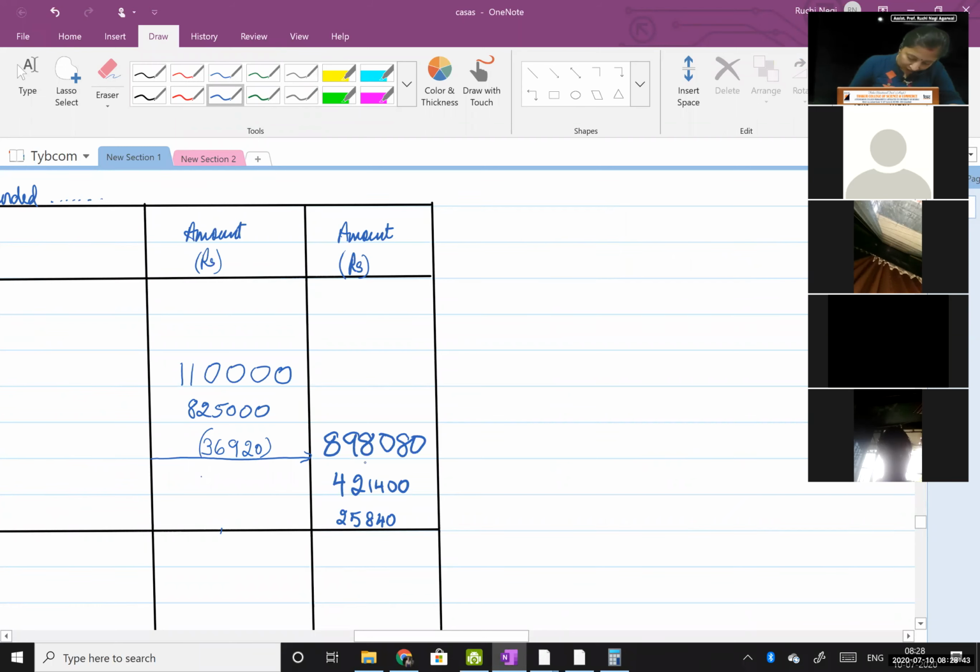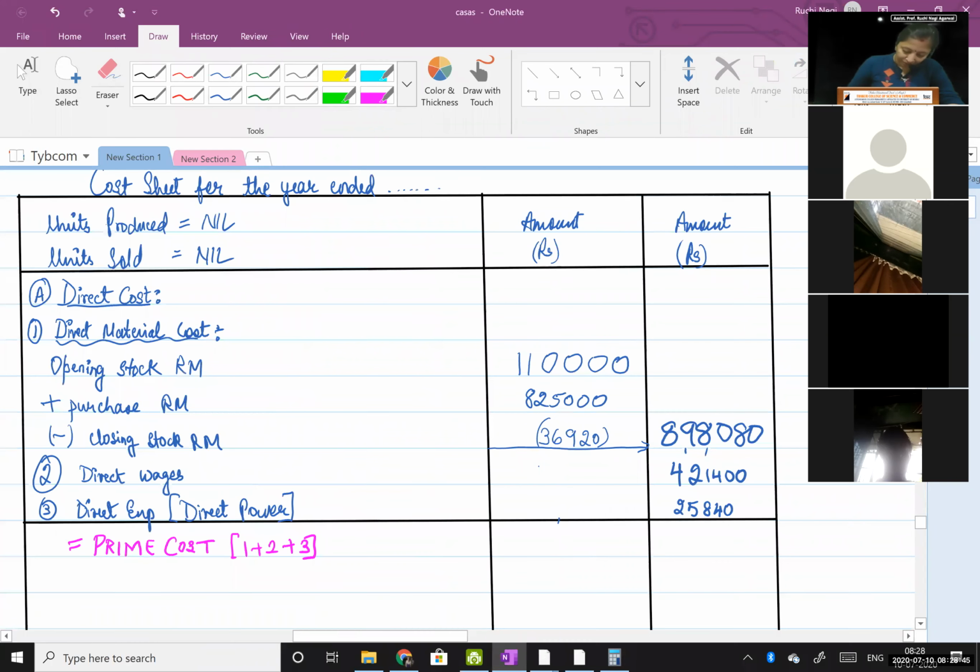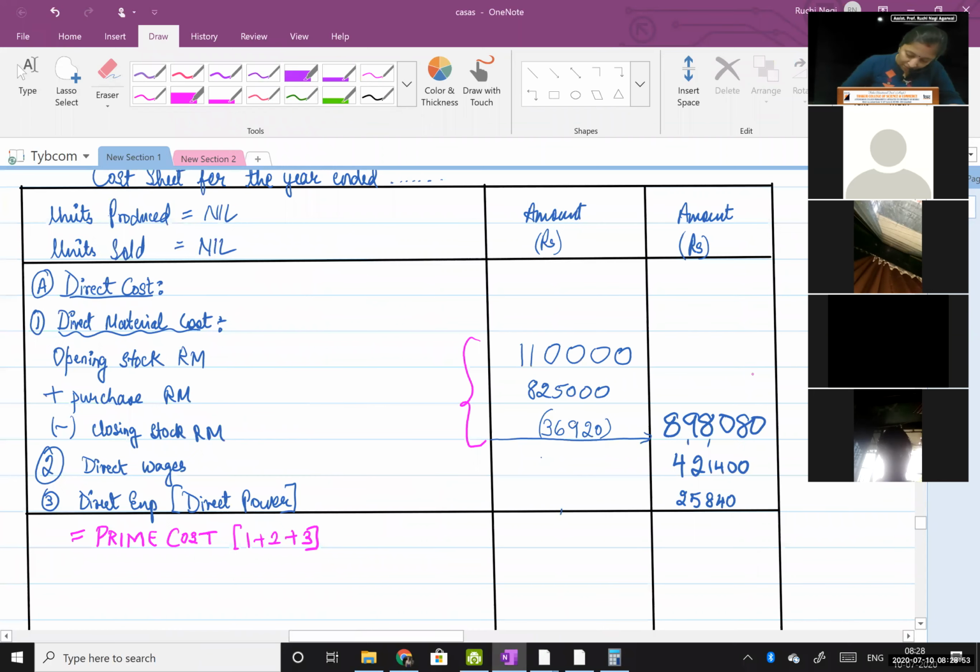Inner column, total in the outer column. Opening plus purchase less closing.